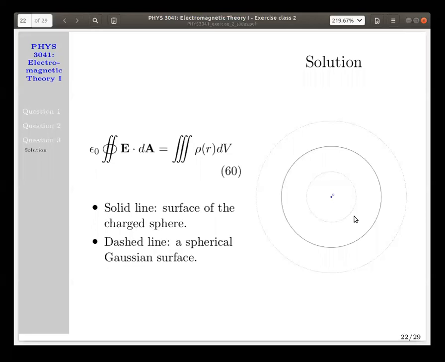And when we consider the electric field outside the sphere, we will draw a Gaussian surface outside the sphere here. The Gaussian surface can be of any arbitrary shape, but some shapes are more convenient than others when we do the calculations, because the system that we are considering is spherically symmetric. Then it will be more convenient for us to use a spherical Gaussian surface.